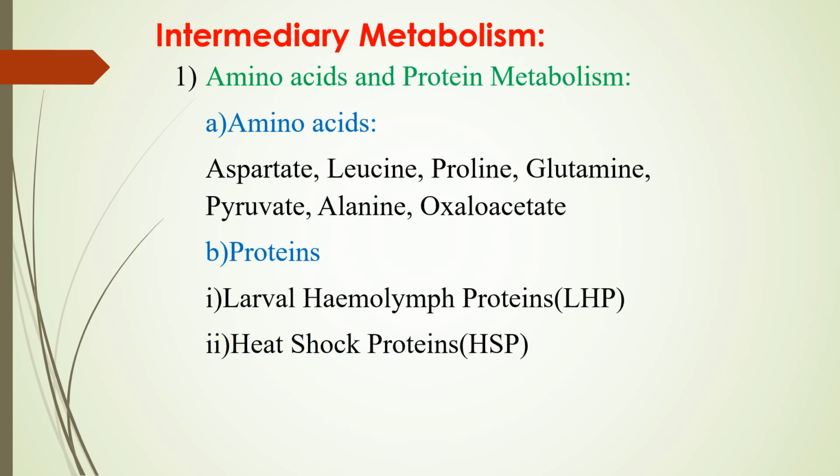Now, amino acids and protein metabolism. Hemolymph contains a high concentration of amino acids as well as proteins. First, what are the amino acids? Insect hemolymph is characterized by a high concentration of free amino acids, 100 to 300 times higher than that in human blood.